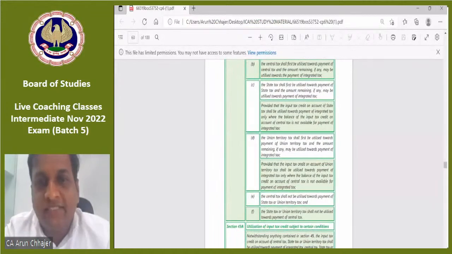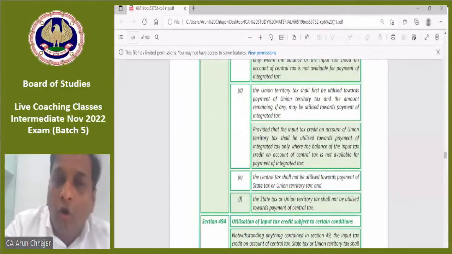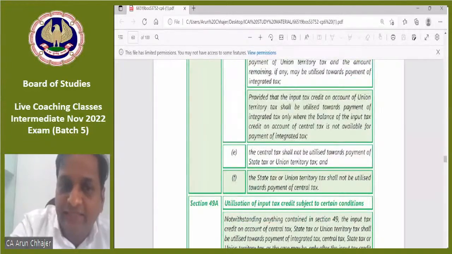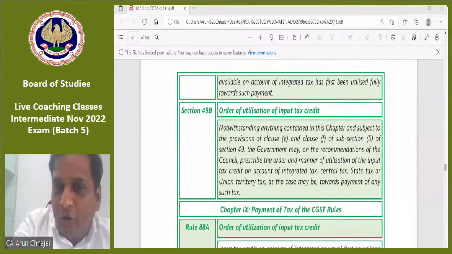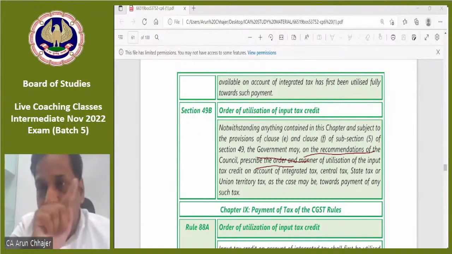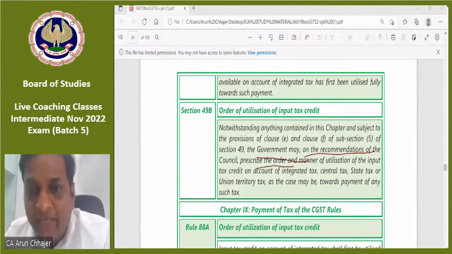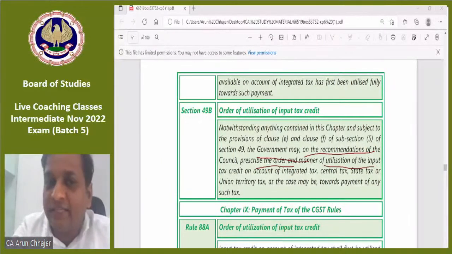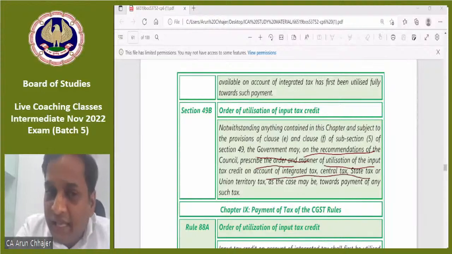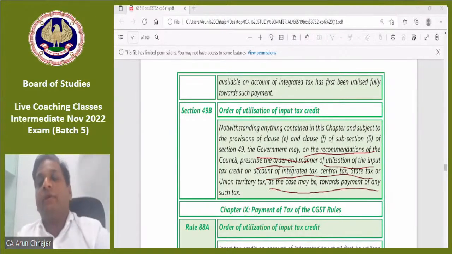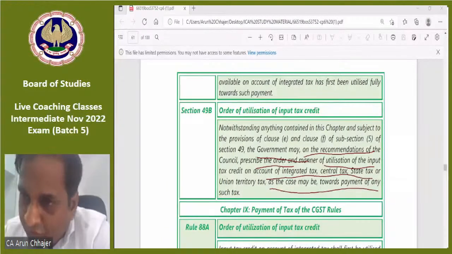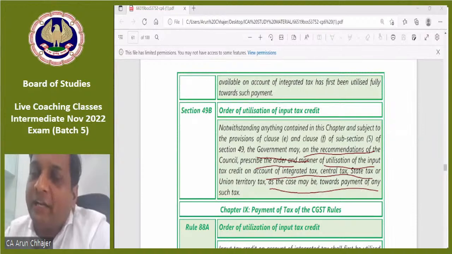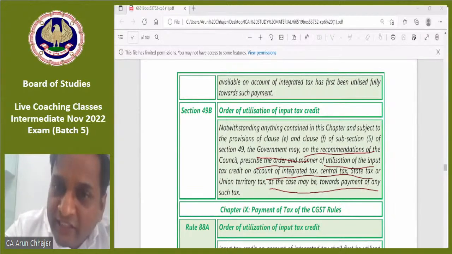So let me move to section 49B. Order of utilization of ITC. It says that the government may, on the recommendation of the council, prescribe the order and manner of utilization of ITC on account of the IGST, CGST, SGST, as the case may be, toward the payment of any such taxes. What 49B is saying is that the government can notify the order.